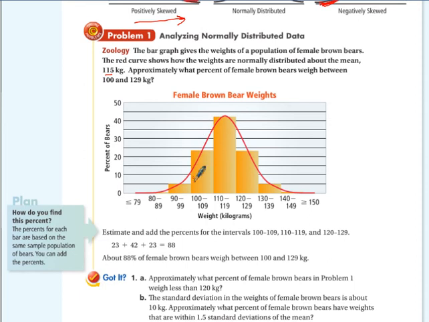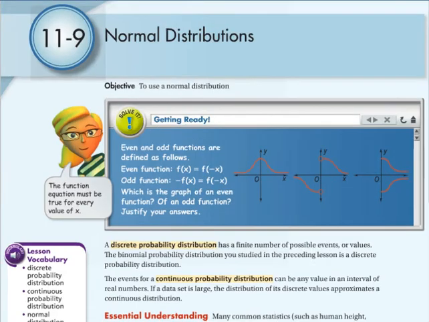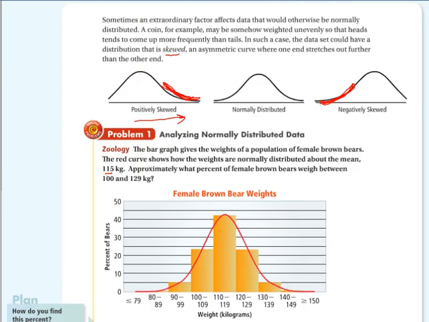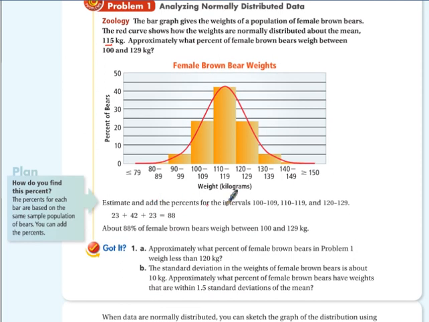So 100 to 129, if we estimate and add the percents for the intervals, we get 23 plus 42 plus 23. And again, just a quick reminder of the page before, we're using information from here, the concept of the bell curve. We look at 101 to 109 right here, that's at like 23%.